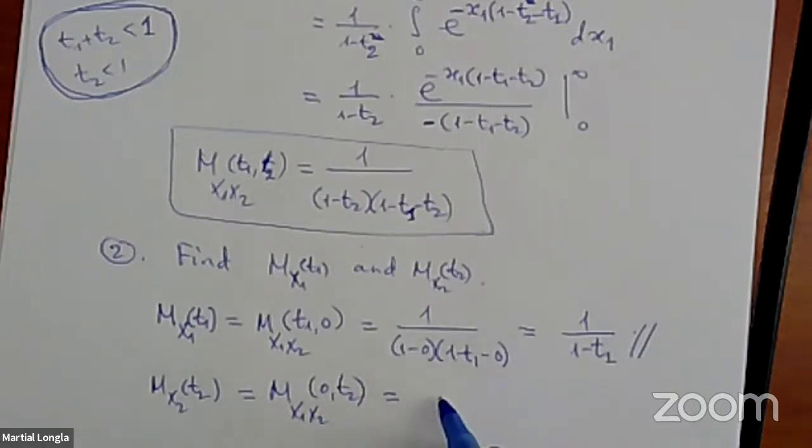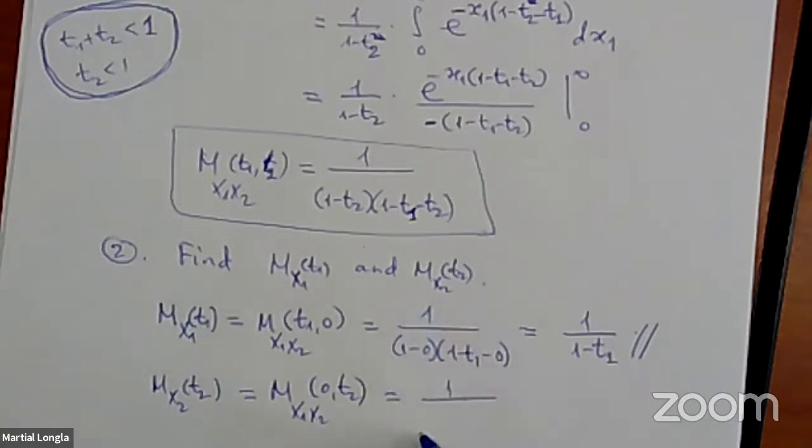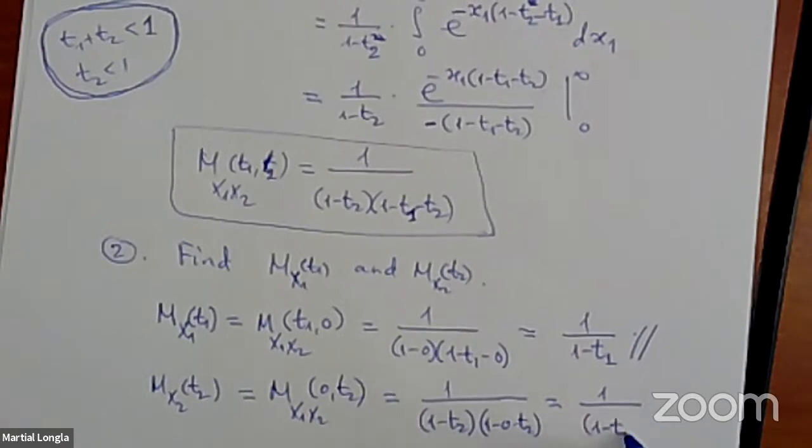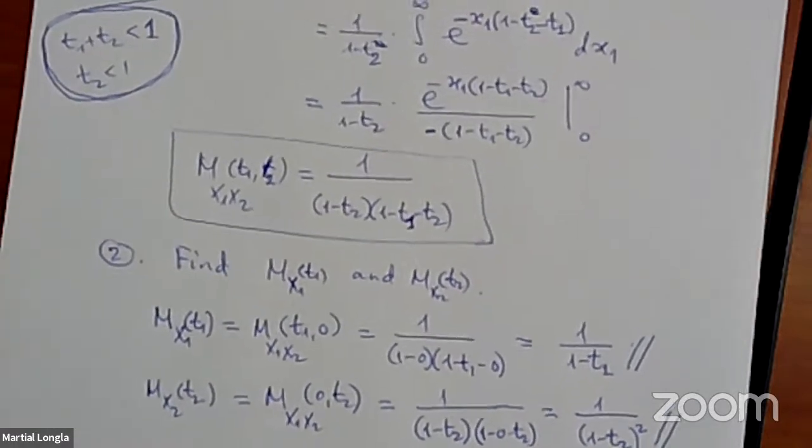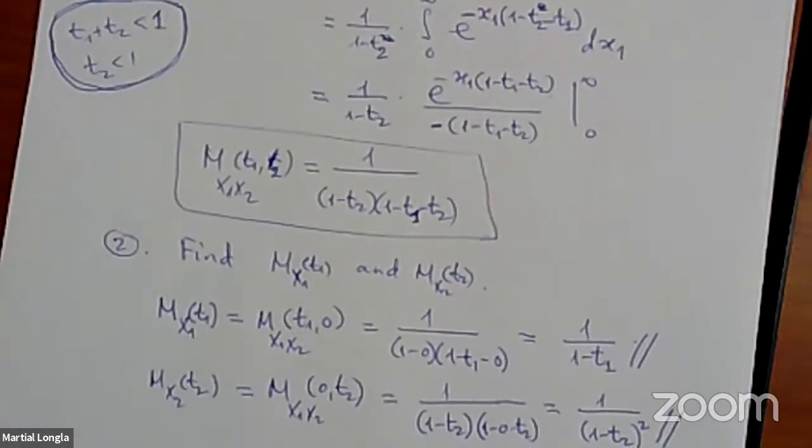To find that of x2, use that 1 minus t2 times 1 minus 0 minus t2 equals (1 minus t2) squared, so you get 1 over (1 minus t2) squared. Now you can replace t1 and t2 by t.